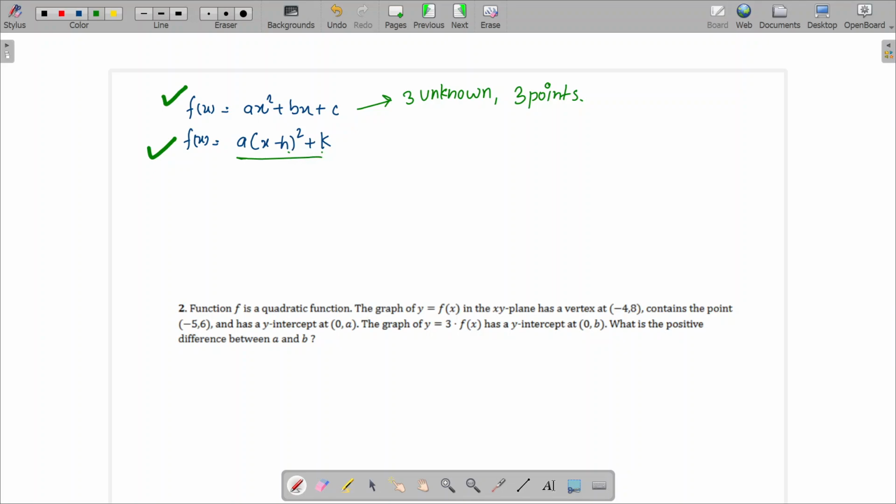There are two variables, but we do not need 2 points. We need only 1 point because the vertex is already given. Always remember, the vertex (h, k) will always be given and 1 point will be given. If these two things are given, you can use regression. So here the vertex (h, k) is given.